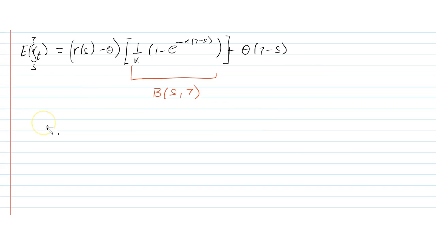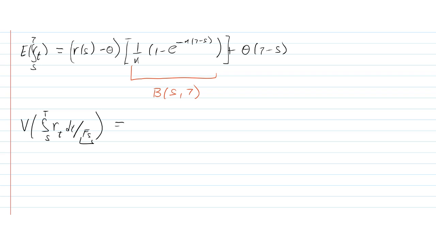So now, to get the variance of the integral of the rate, we need the same thing. That will be the variance of the integral of the rate, actually, starting from the information now of s.